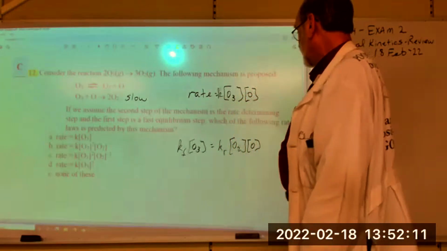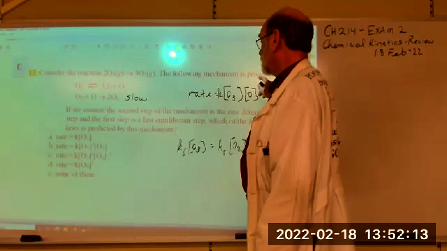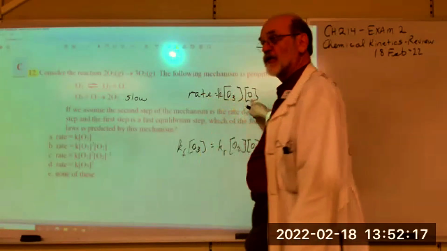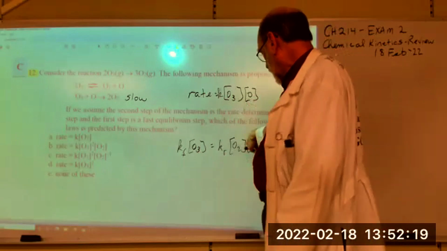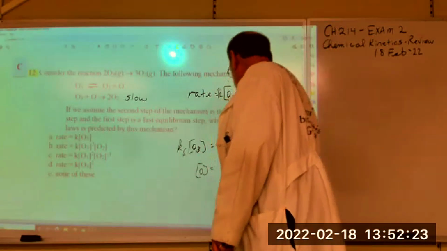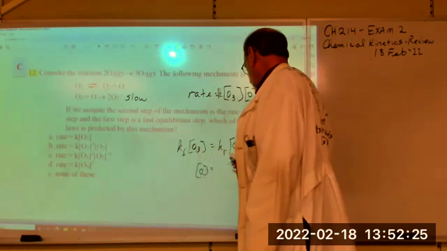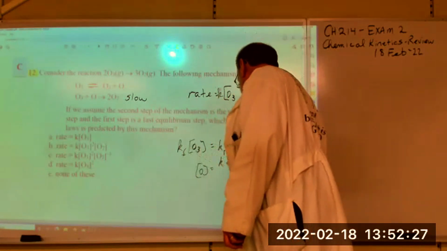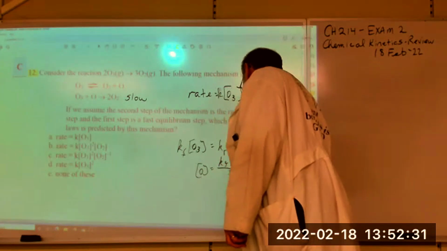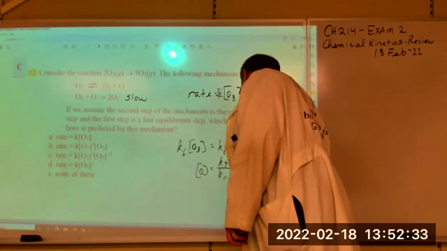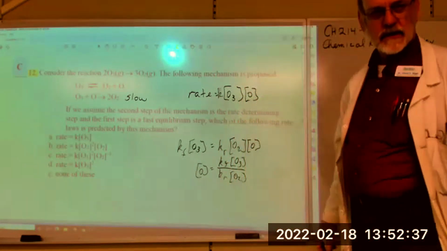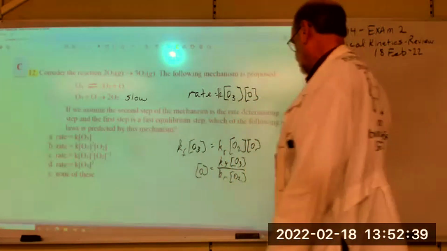Okay. Now, since we have to get rid of this one because it's an intermediate, we've got to solve this one for the O. So that puts these over on that side. KF O3 divided by KR O2.